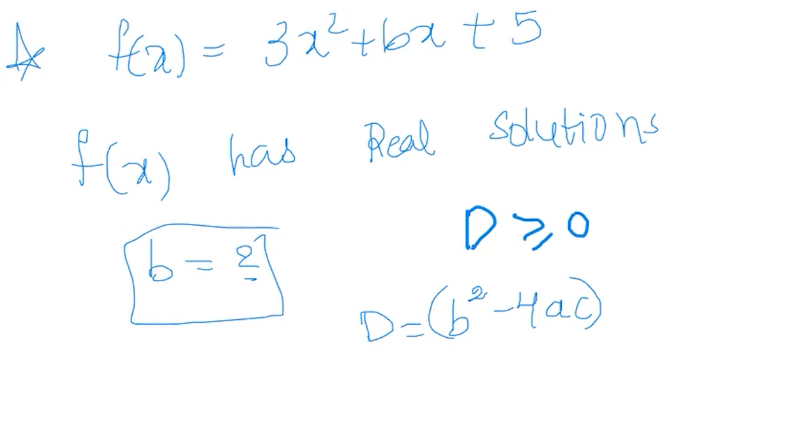Here a is 3, c is 5, so D is greater than or equal to 0. So b square minus 4ac is greater than or equal to 0, right?